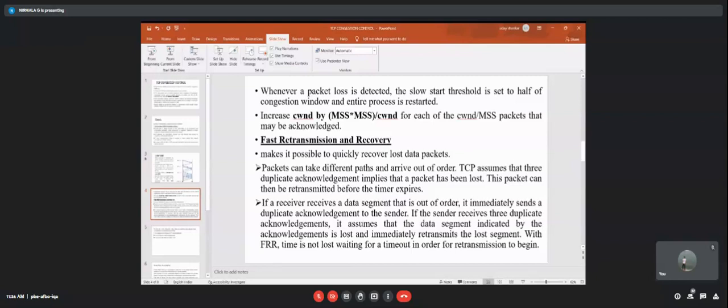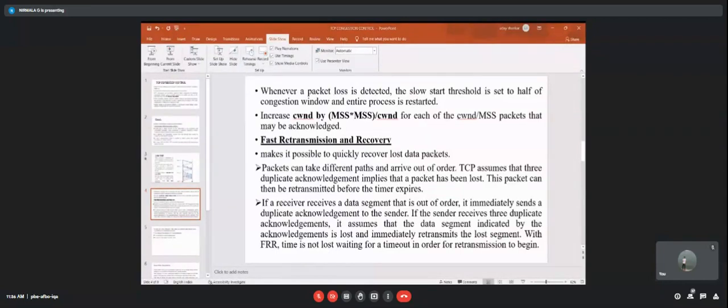So with the congestion window, with respect to slow start, we are going to concentrate on the congestion window. Whereas with fast retransmission and recovery, whenever the receiver sends duplicate acknowledgements, the duplicate acknowledgement itself acts as an indication that congestion is detected. It means that the packets are lost.